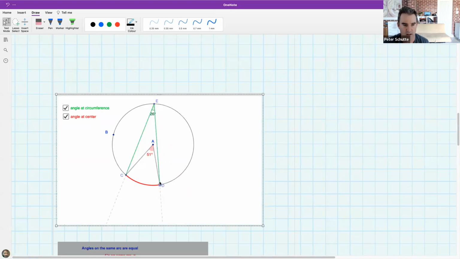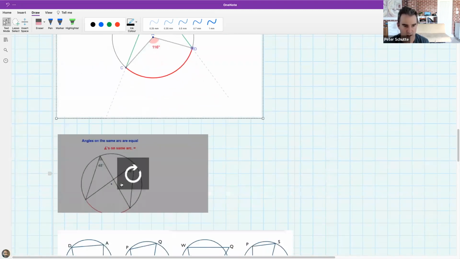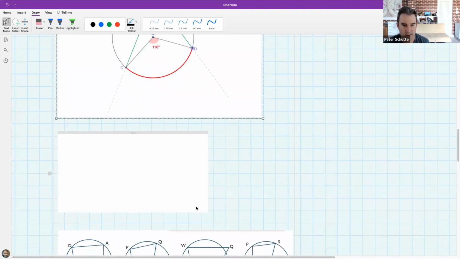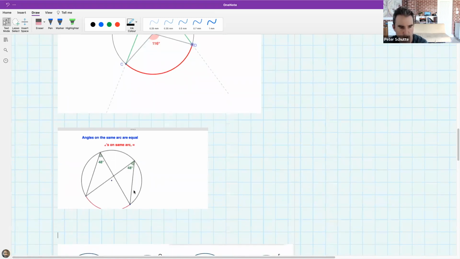Notice how, even if we go to 50, it works as long as the shape is constant, you always get that relationship. Let's make it 116. Okay, almost there. And then in the last lesson, we did another theorem and we gave it a bit of a nickname. Can somebody tell me what the nickname was for this theorem and how we used it?